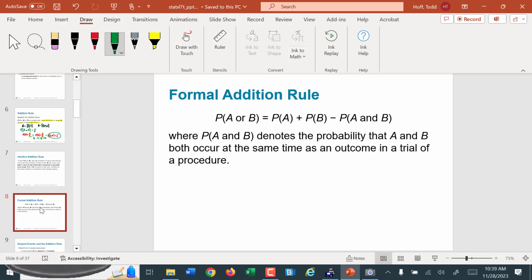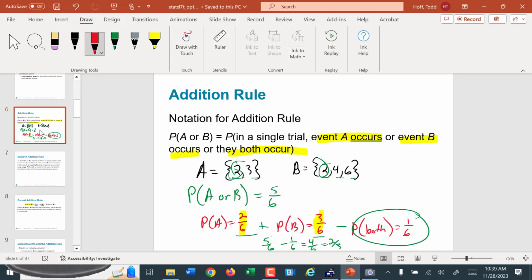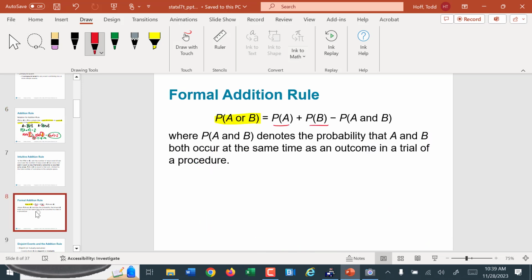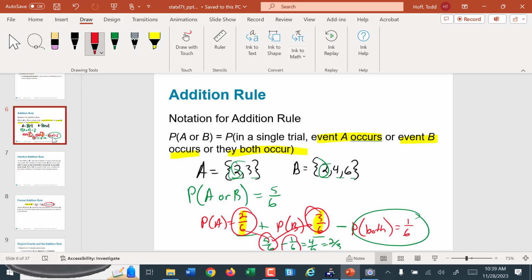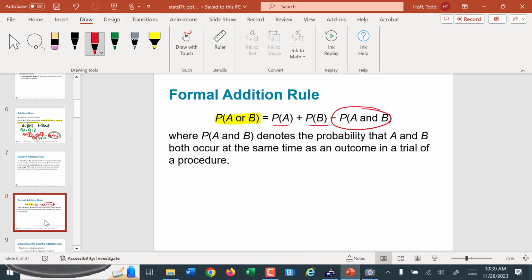So the formal addition rule: probability of A or B is found by adding the probability of A plus the probability of B. That's what we did here; it gave us the 5/6. And then subtracting out the probability that both would occur, which is why we had to subtract out that 1/6, because 2 is in both of those events.